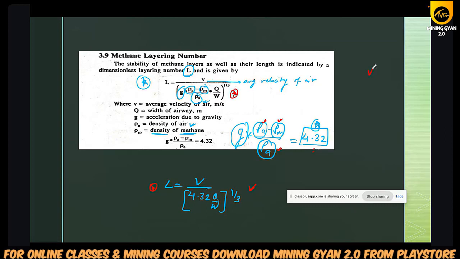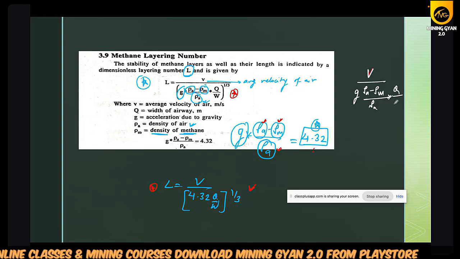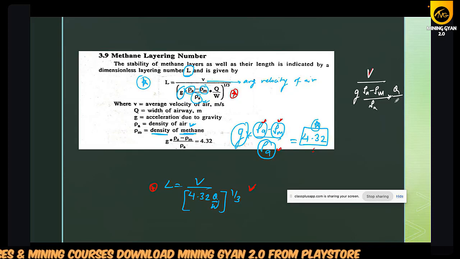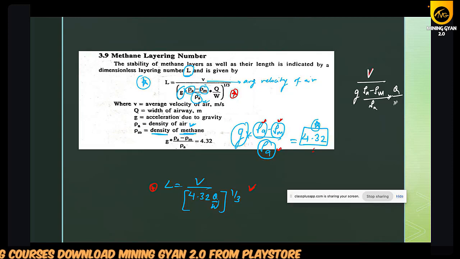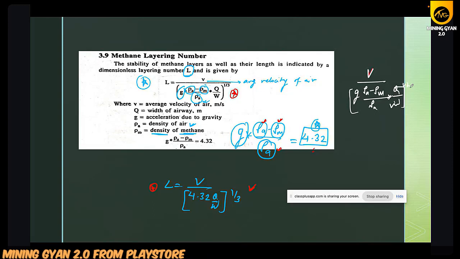So the normal ratio is V divided by G rho, density of air, density of methane divided by density of air, and multiply the quantity or velocity or width of the airway, then the W, the power 1 by 3. So this is the velocity of air.